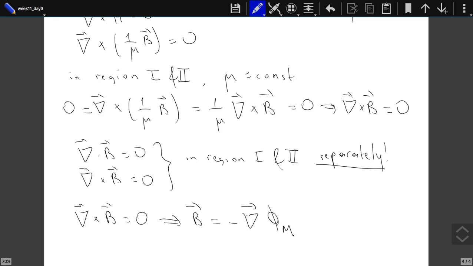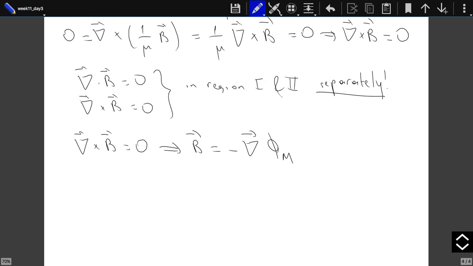As long as curl of a vector field is 0, it is always the gradient of a scalar potential function. So I already solved the second equation. Why the minus sign? Convention from electrostatics. Well, to solve the first equation, the Laplacian of this phi m should be equal to 0, both in region 1 and region 2.